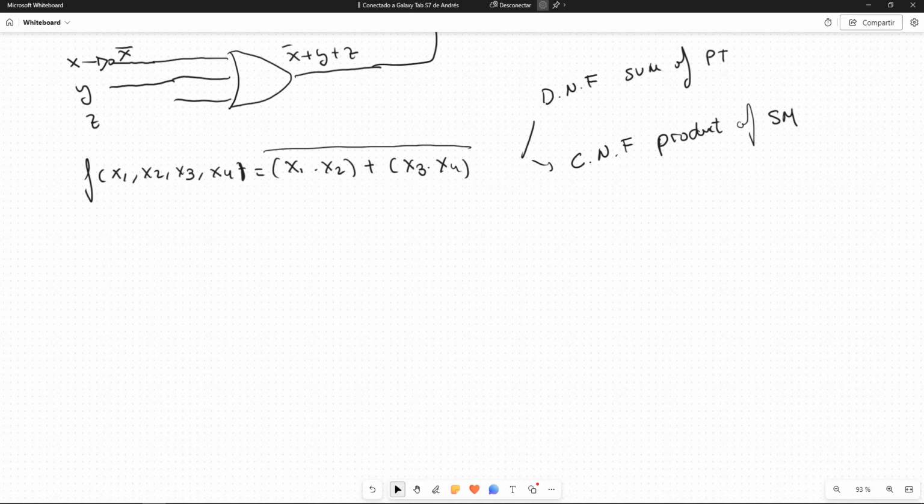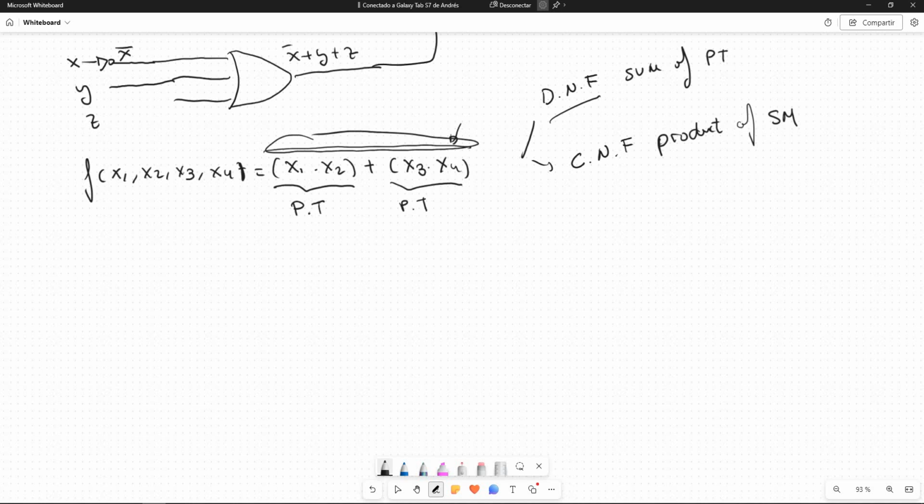If we look at the function, these are product terms. They are not minterms because not all the variables are there, but they are literals that are multiplied. So this is a product term, and this is a product term as well. So this is a sum of product terms. Is it the disjunctive normal form? The answer is no, because it's complemented. Because of this, it is not a normal form.